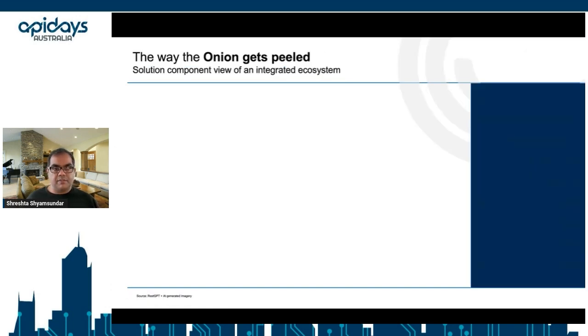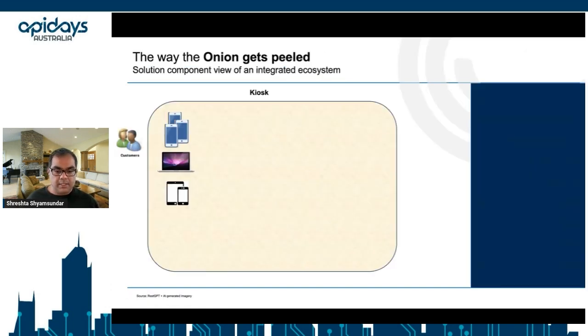So, from a solution component view, my thought process at the time was to have customers interact with a kiosk. This kiosk would have a combination of phones, computers, as well as tablet computers. All of them would have capabilities to run language models.